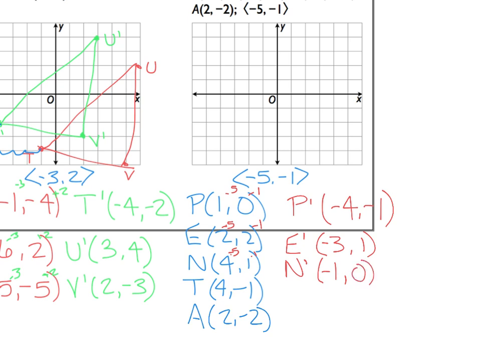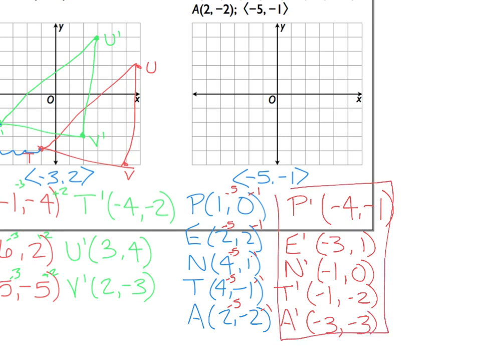T prime, 4 minus 5 is -1, and -1 minus 1 gives me -2. And then A prime, 2 minus 5 gives me -3, and -2 minus 1 gives me -3. These would be my coordinates for my image, translated along the vector <-5, -1>.